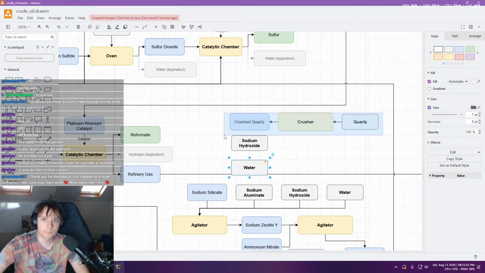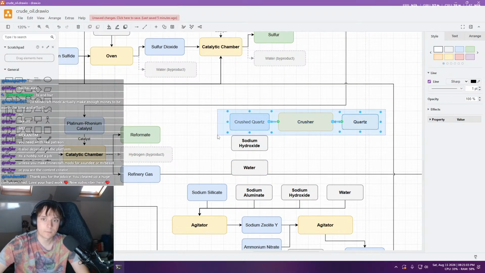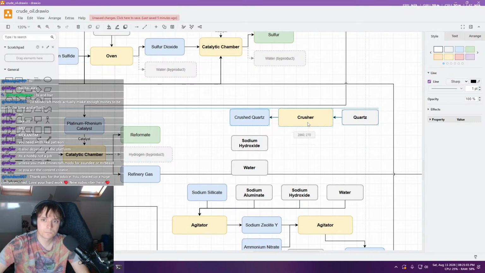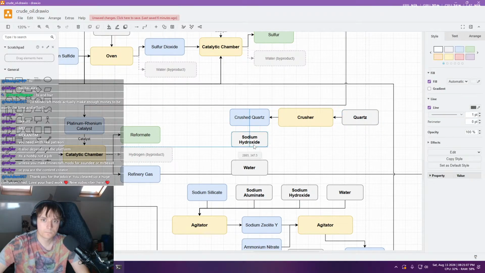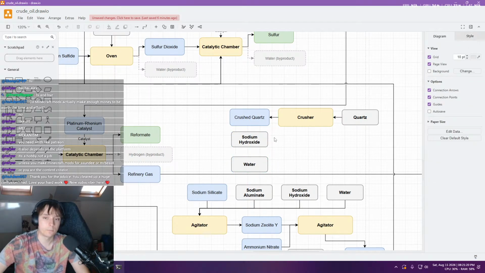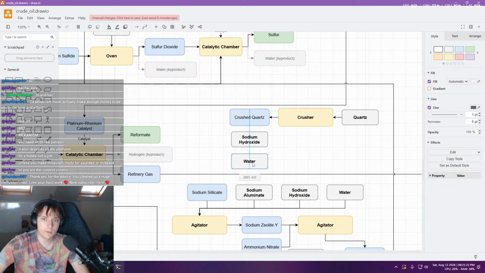That doesn't fit. That's annoying. I don't know. Whatever. No, I think it has to be like that. Right, there you go. There we go.